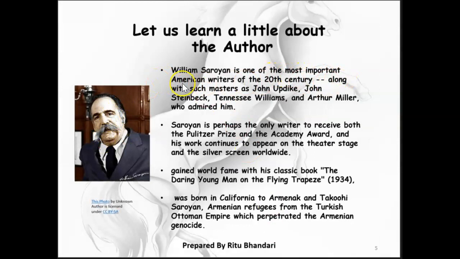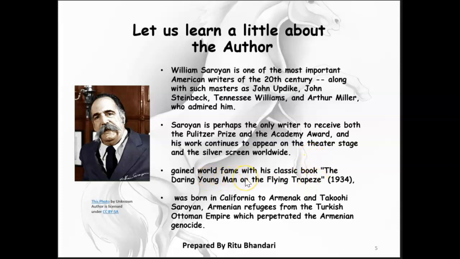Saroyan is one of the most important American writers of the 20th century, and along with his masters such as John Updike, John Steinbeck, Tennessee Williams, and Arthur Miller, who admired him. Saroyan is perhaps the only writer to receive both the Pulitzer Prize and the Academy Award, and his work continues to appear on the theater stage and the silver screen worldwide.